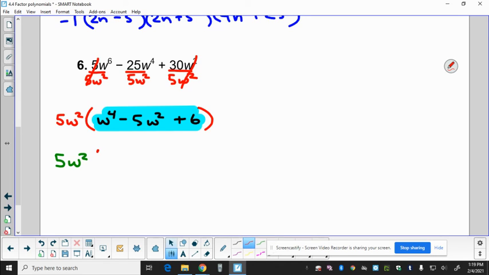So here's what I mean. Okay, so here's what I want. I want this w to the 4th to be broken up into w squared times w squared. That makes sense, right? 2 plus 2 is 4. Now what I want you to do is come up with 2 numbers that multiply to give you 6 and add together to give you -5.